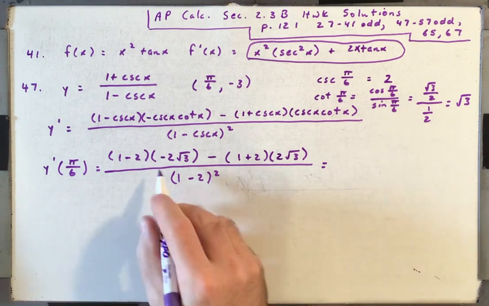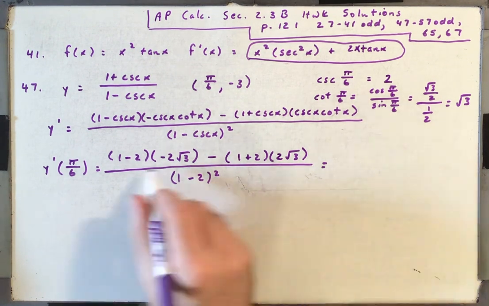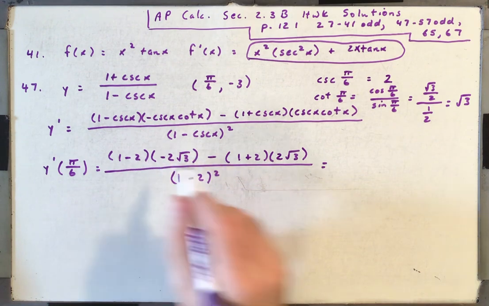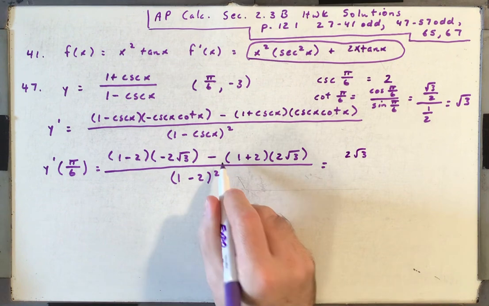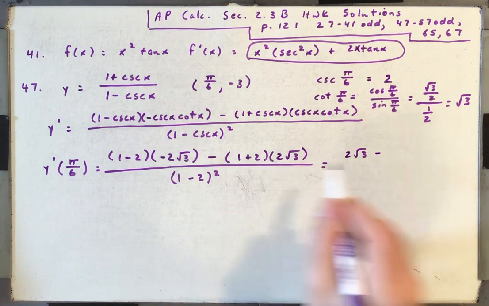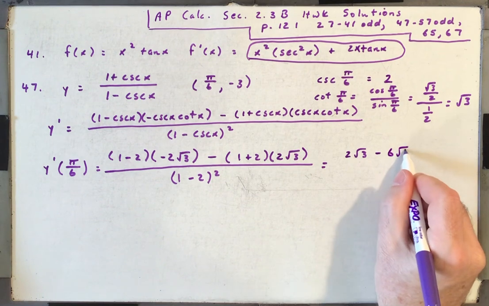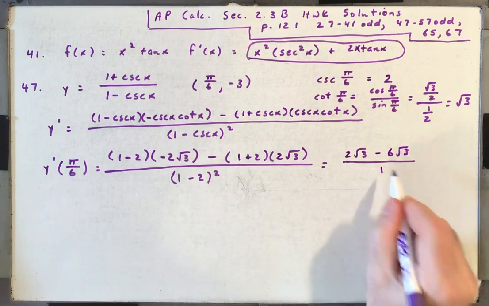Okay, that's going to be negative 1 times negative 2. So that's on the top. These two multiplied together would be positive 2 times root 3 minus 3 times 2 is 6. So minus 6 times the square root of 3 all over negative 1 squared, which is 1.